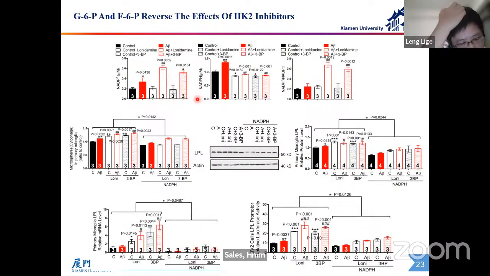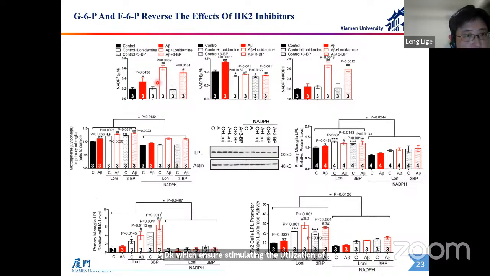Actually, G6P and F6P regulate the NADPH and NADP ratio through the pentose phosphate pathway, and the regulated G6P and F6P resulting from HK2 deficiency decrease the NADPH, which in turn stimulates the utilization of fatty acids.